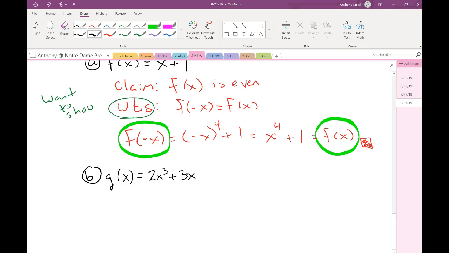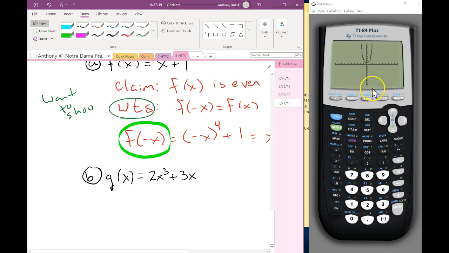So what about g of x equals 2x to the third plus 3x? Just like before, I'm going to start by graphing this and looking at the picture to give me some intuition about whether I think I'm looking at something that's odd, even, or neither. Looks odd to me as well.